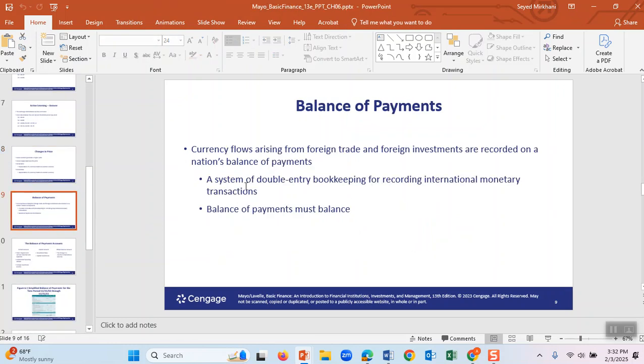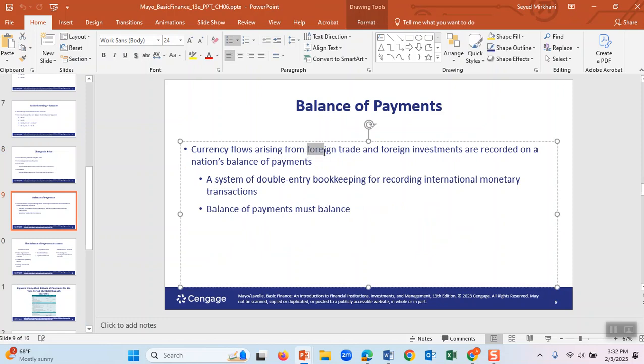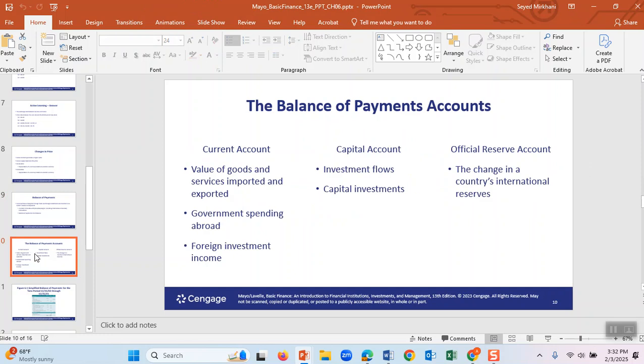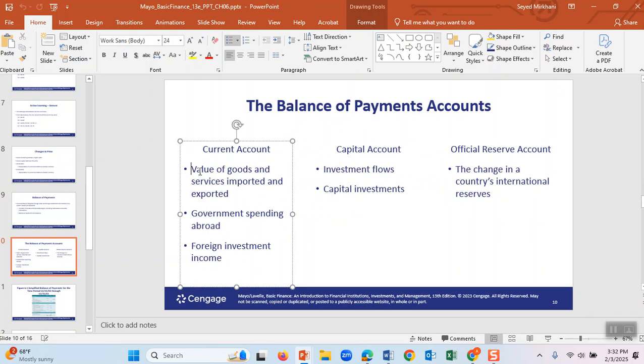These are the issues we are going to talk about. This currency will need the system of double entry bookkeeping for international companies like Apple. In their balance sheet, they have to report regarding the issues of currency and the balance of payments accounts, value of goods sold, and the current accounts.